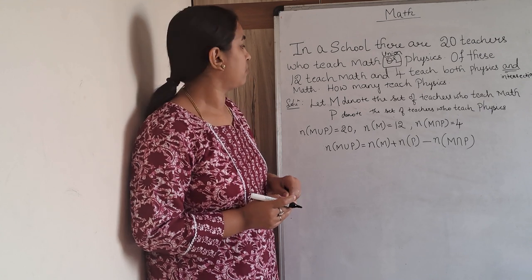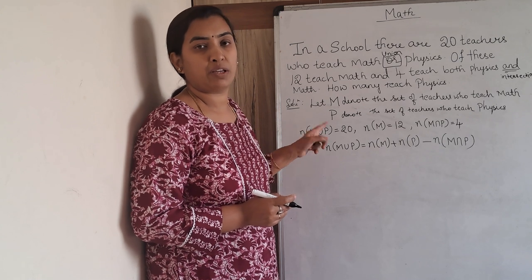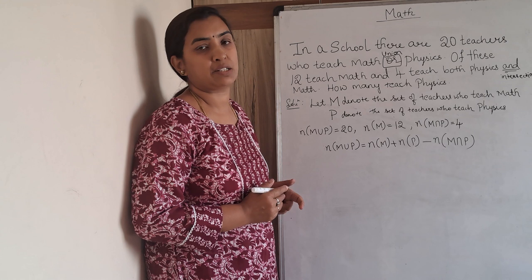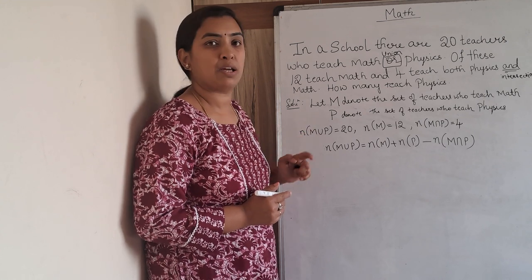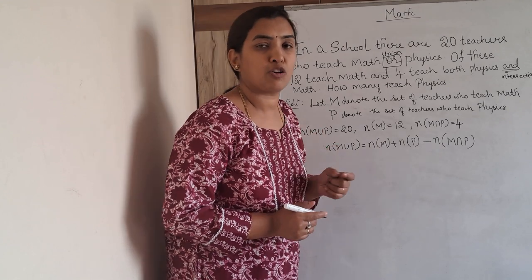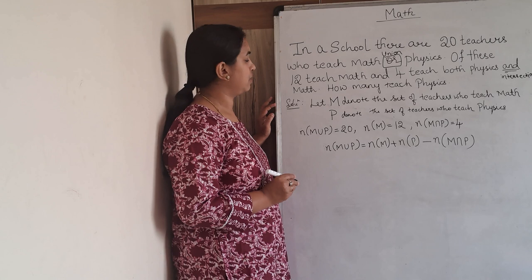Okay, here we are going to use the formula n of A union B is equal to n of A plus n of B minus n of A intersection B, because here the 2 sets which they have given are finite sets and the intersection of the 2 sets is not empty. So how to solve this?